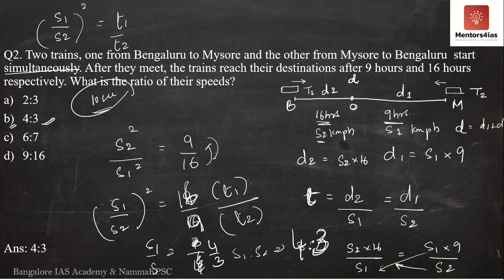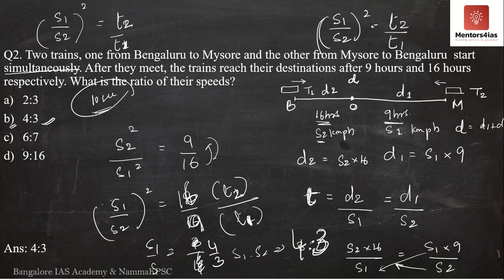So you can just remember S1 by S2 whole square is equal to, again my mistake, it is not T1 by T2. I am sorry, I have made a mistake in the entire thing. It is T2 by T1. Please rectify this. It is not S1 by S2 whole square is equal to T1 by T2. It is actually T2 by T1.